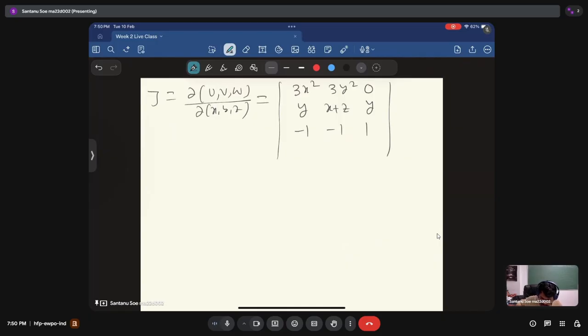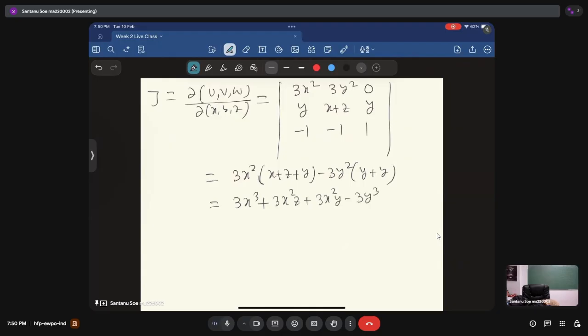Okay. So now we have to calculate this determinant. So this is going to be 3x squared times (x plus z plus y) minus 3y squared times (y plus y). So this will be 3x cubed plus 3x squared z plus 3x squared y minus 6y cubed.